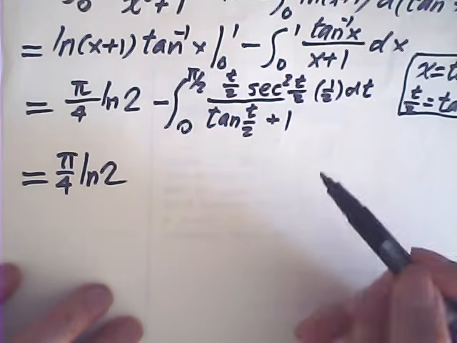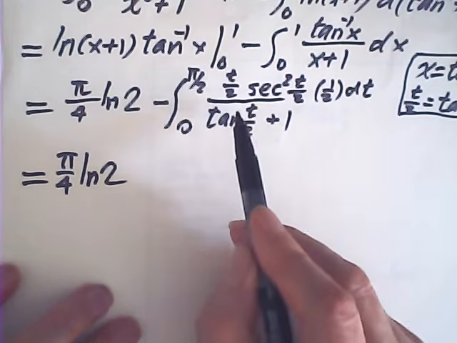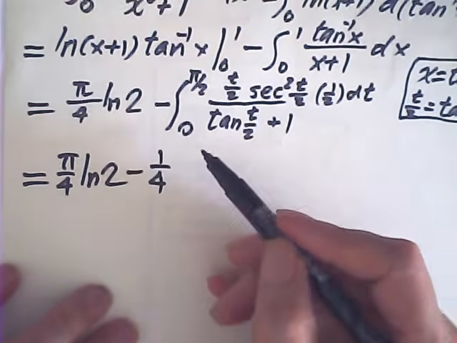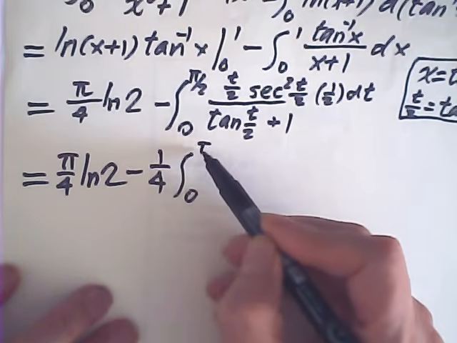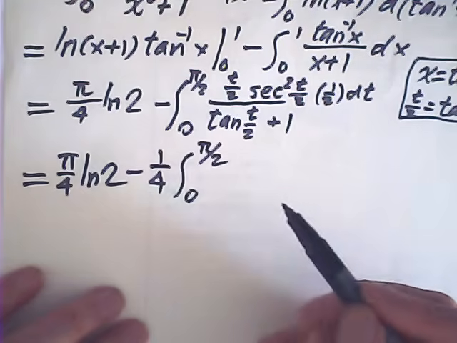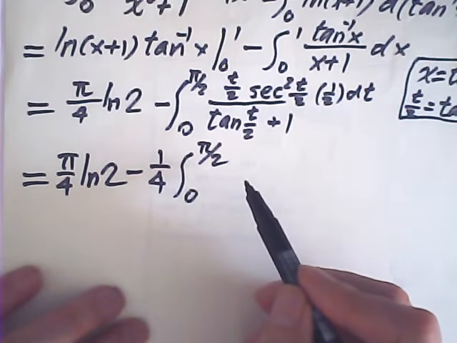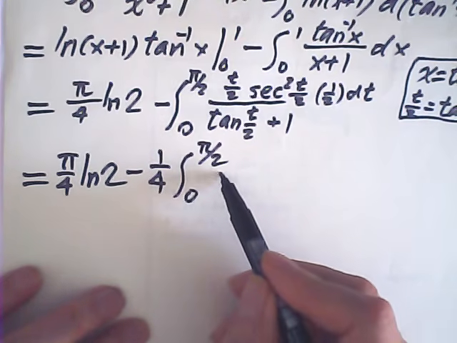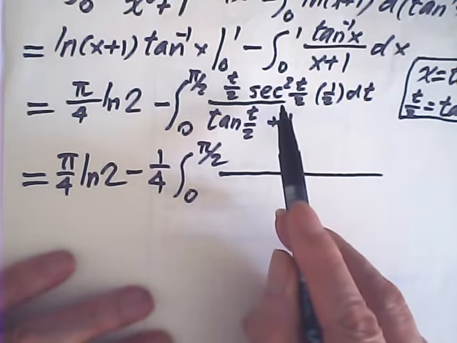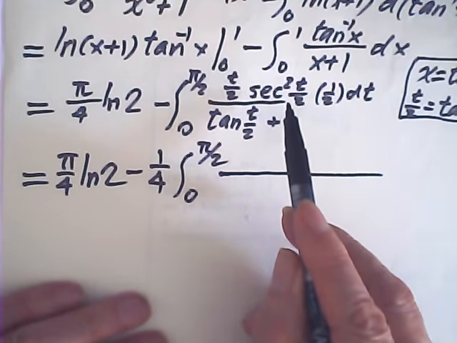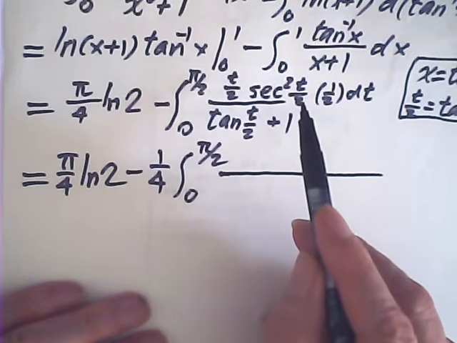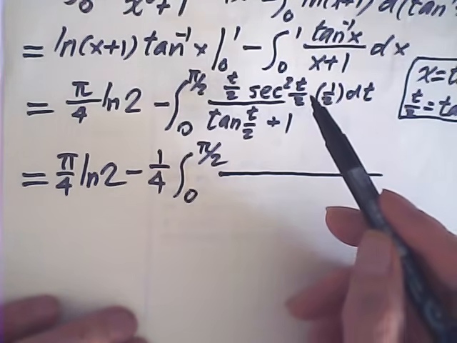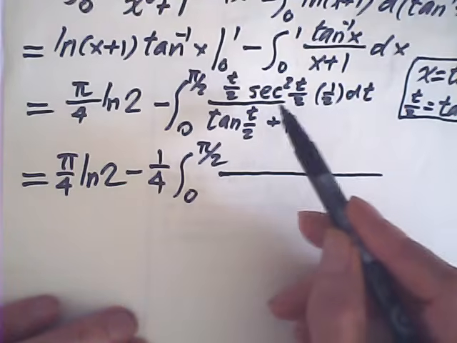Now, this is 1/2. There's 1/2. This becomes 1/4, right? From 0 to half pi. And this is what? This is 1 over cosine half t, right? If I multiply both numerator and denominator by cosine squared half t, so this will be gone, right?